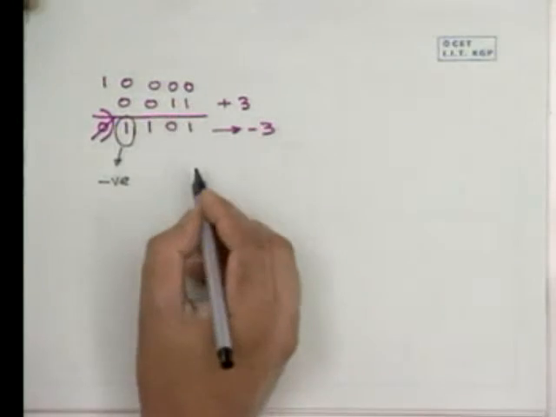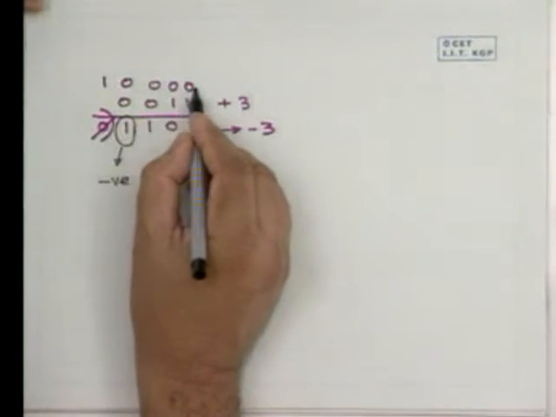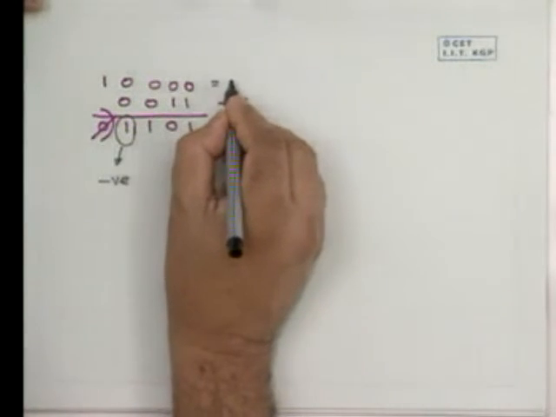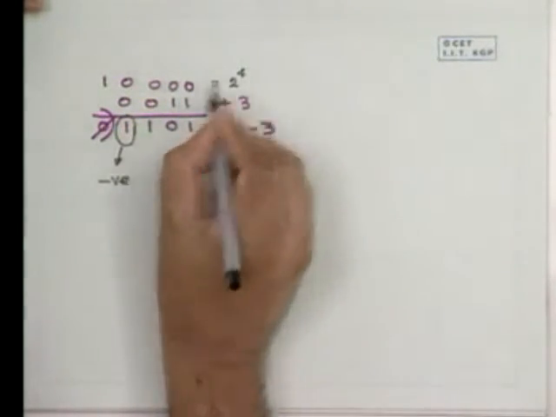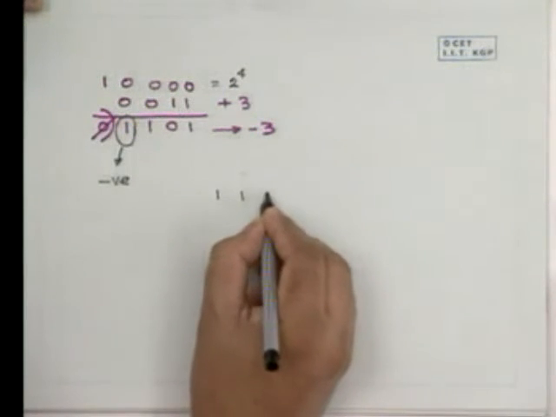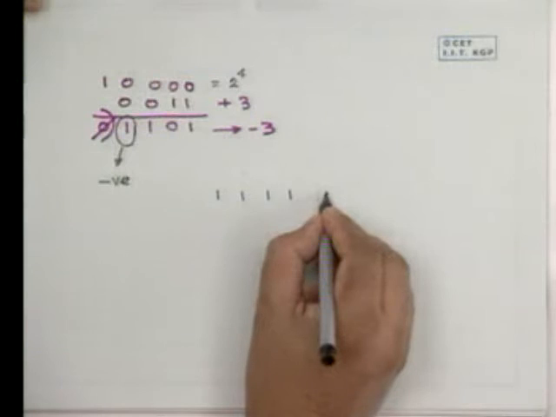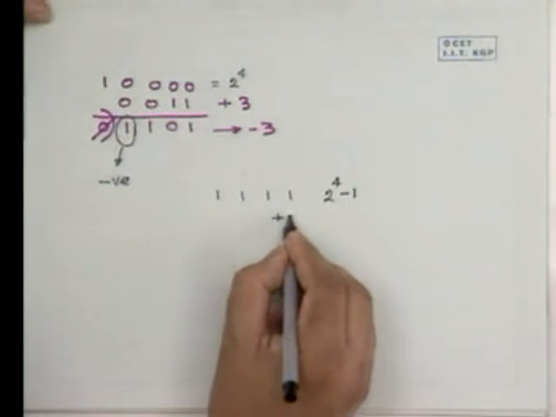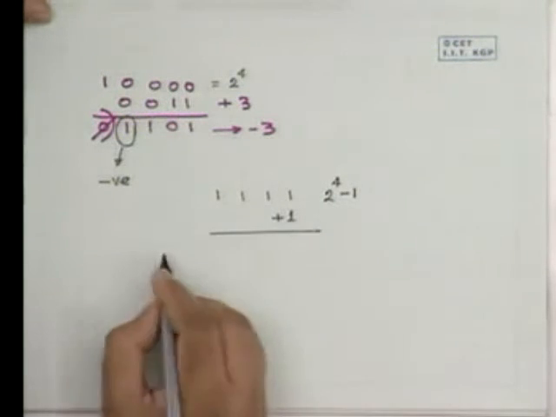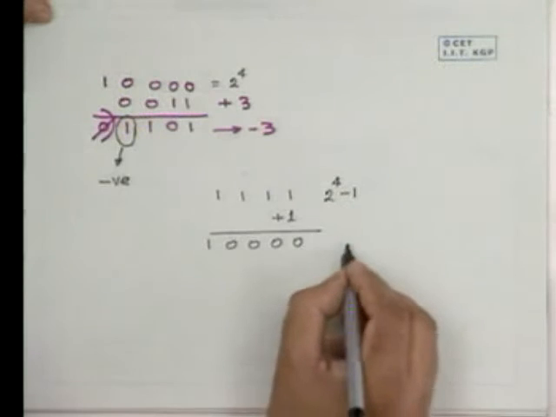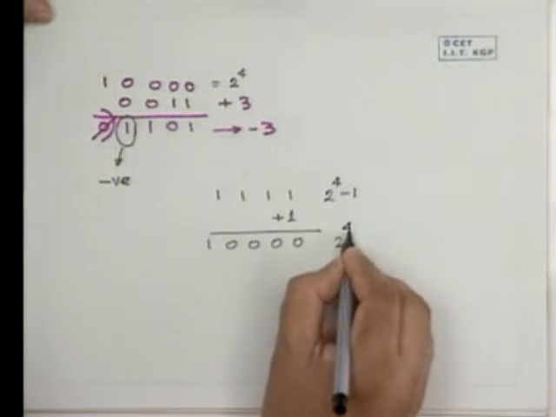Now, this 1 followed by 4 zeros, which is equal to 2 to the power 4, can be represented as 1 1 1 1, which is 2 to the power 4 minus 1, and then if we add 1 to it, we get 1 0 0 0 0, which is our 2 to the power 4.